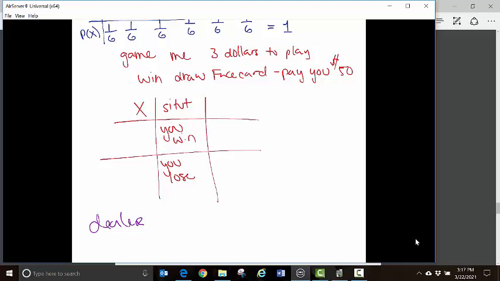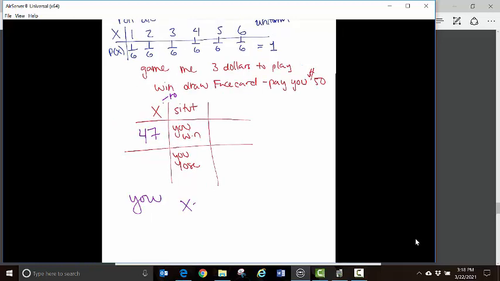Well, let's look at it from you, it'll be less confusing. We're looking at it as you playing. If you win, what is your profit? 47. X is your profit. If I said Y instead of X, and Y is how much you win, then you would say 50. Does that make sense?